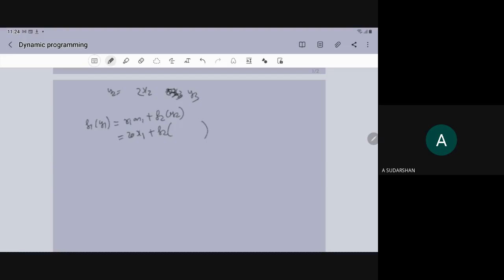Now we have to write. So here, what is the state variable y1? Whatever you are allocating corresponding to x1, x2, x3, and what is y2? Whatever you are allocating corresponding to x2, x3. So how much you are allocating in the stage 1? You are allocating in stage 1, so y2 will be y1 minus, in stage 1 you are allocating 3x1.